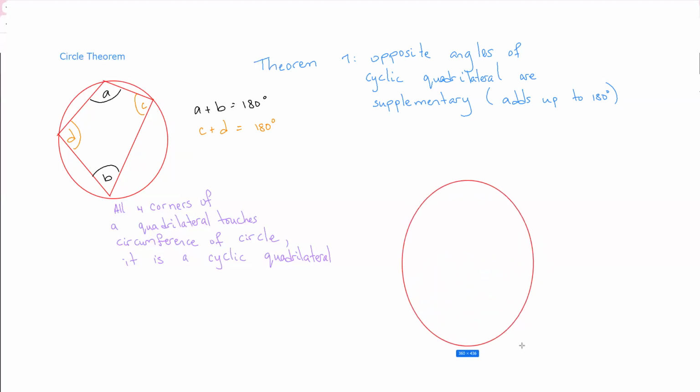Similarly, if they give us another, let's say you also have a cyclic quadrilateral in this case here. Sometimes these lines may extend externally, so this angle here is going to be an exterior angle.